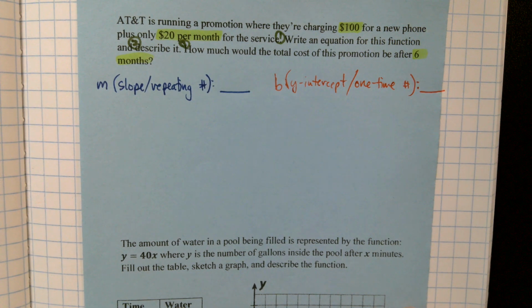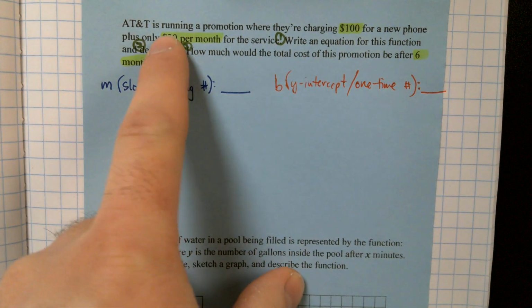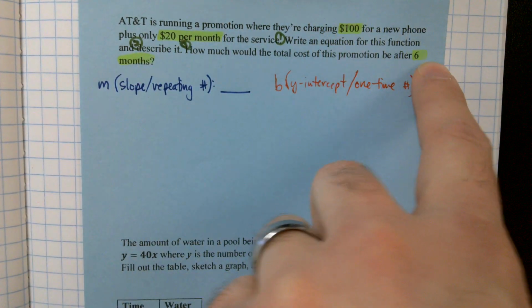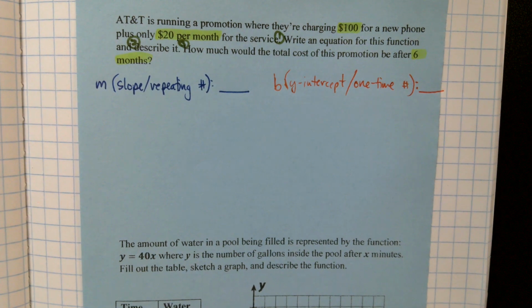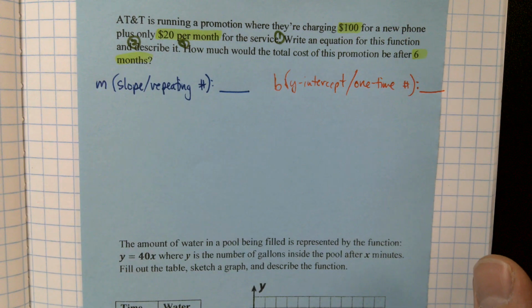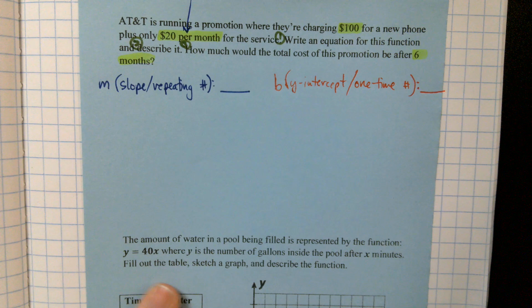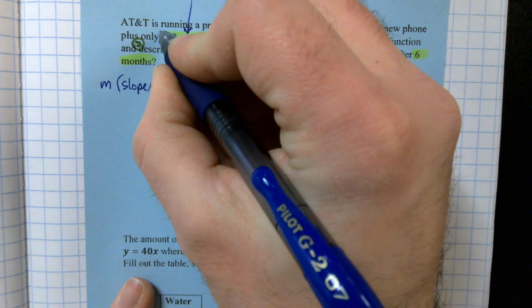Okay, so again, what we're looking for is which of these numbers am I paying over and over and over again? The 20, the 100, or the 6? What do you guys think? Araya, what did you say? 20. How do you know that we're paying the $20 multiple times? Because it says per month. $20 per month, which means $20 this month.